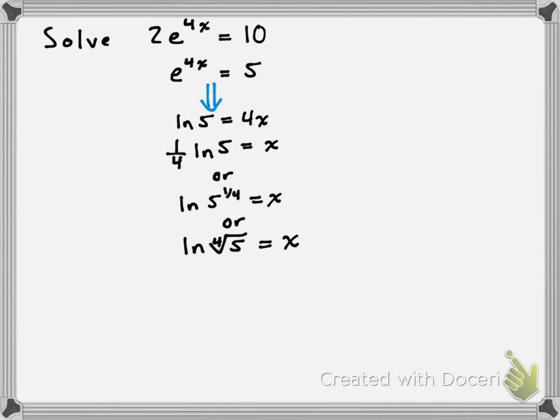So we could calculate the value of x here using our calculators, using any of these three last lines. And if we did that, we could get an approximate solution, which should be about 0.402 for x. So that's how we can get an approximate solution to x.